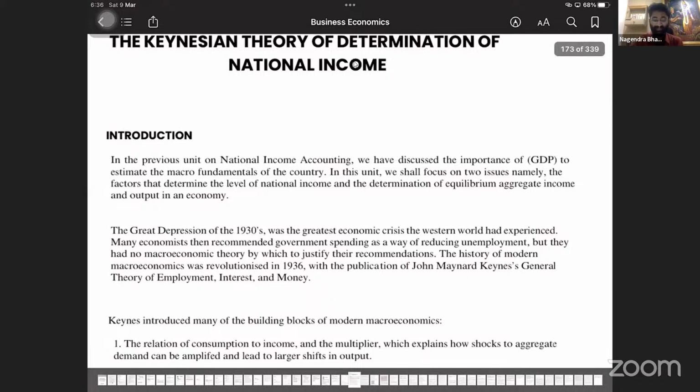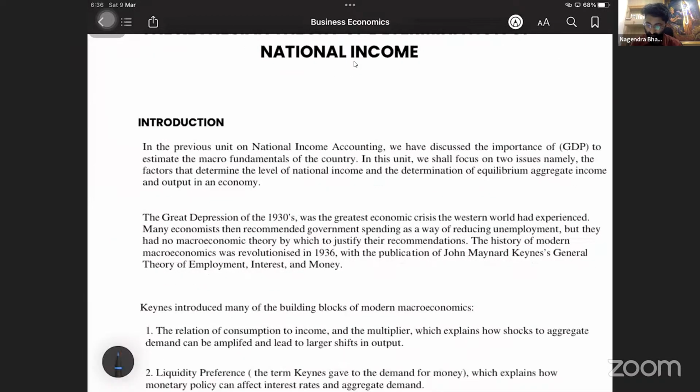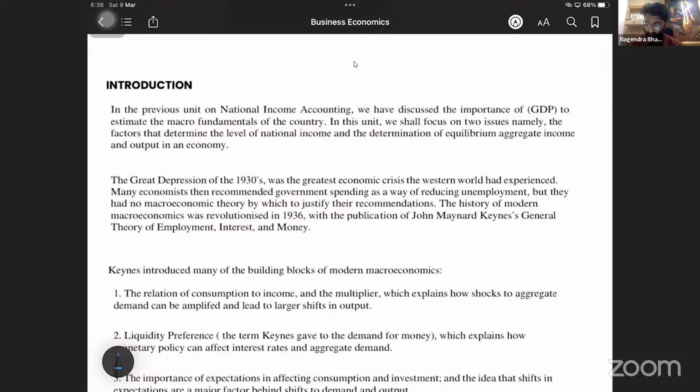What we were discussing: in the previous unit on national income accounting, we discussed the importance of GDP to estimate the macro fundamentals of the country. In this unit, we shall focus on two issues, namely the factors that determine the level of national income and the determination of equilibrium aggregate income and output in an economy.